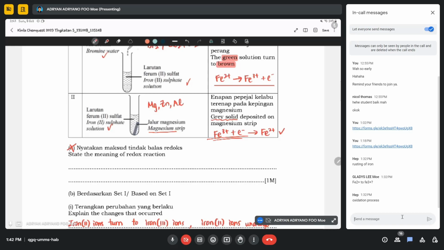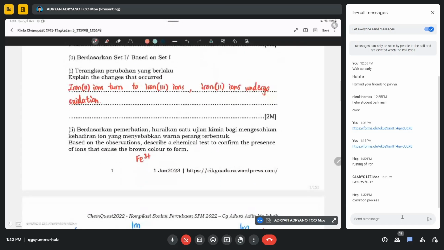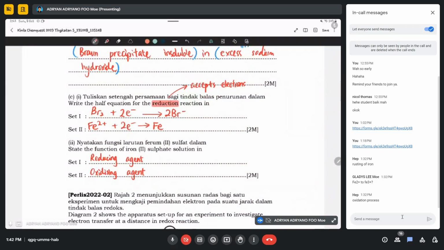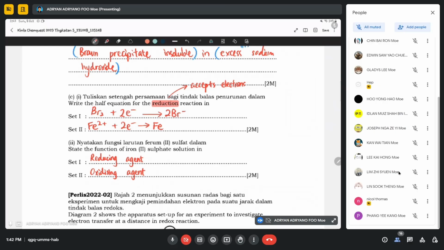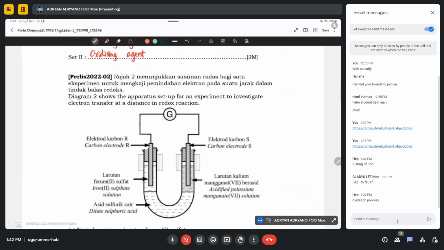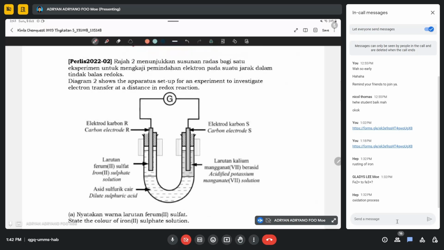As long as you understand the concept, you do not need to memorize answers to go into the exam, you can do it. Understand the concept of reducing agent and oxidizing agent, that's all. I hope so far it is okay, because I tried to use the easiest method to talk about this.